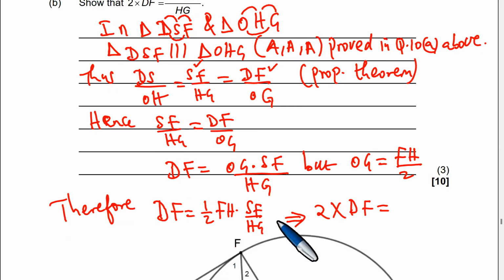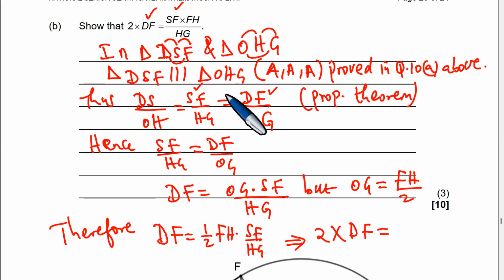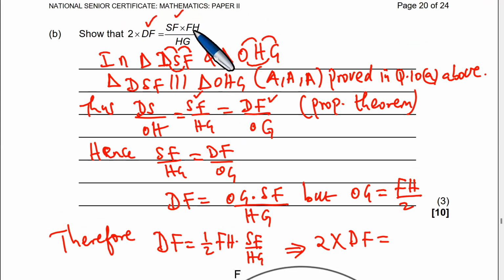So you have these. Twice DF is equal to, once again, let me just load the screen a little bit. You can see the statement from the examiner that we need to prove. So we have twice DF, and then we have SF here, so you can write SF multiplied by FH divided by HG.